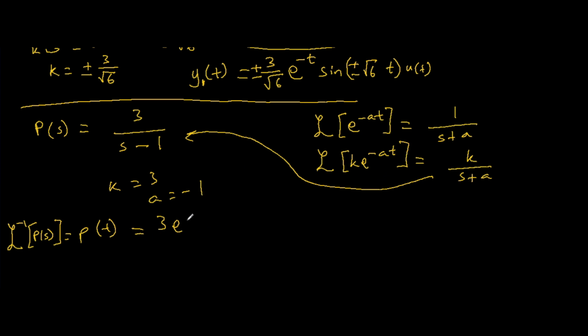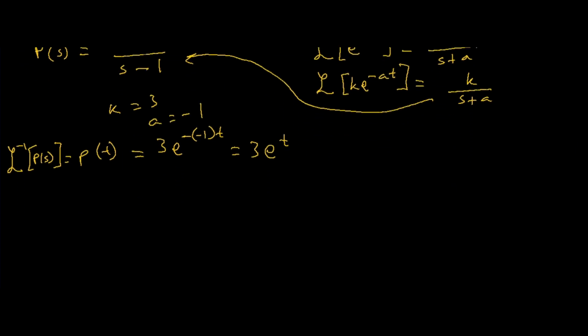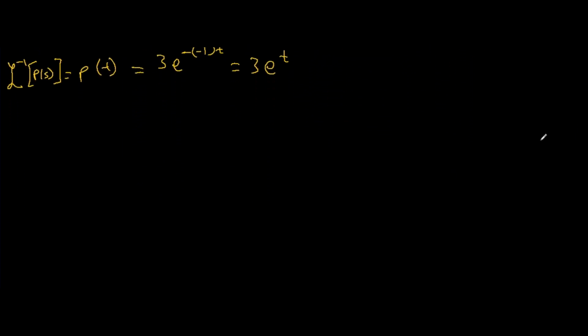So let's just make sure everyone is on the same page. Minus 1 is our a multiplied by t. So that is 3 e to the power t. Okay, and that's our answer. So when you want to find the inverse Laplace transform, you want to ask the question, what do you know? What does this look like?